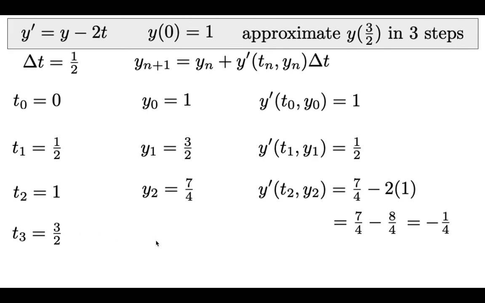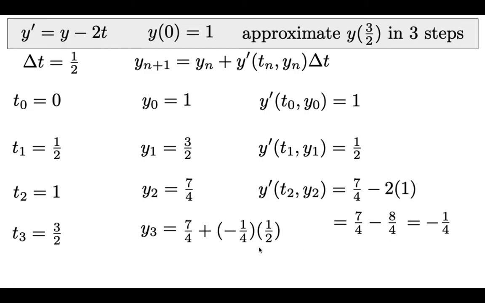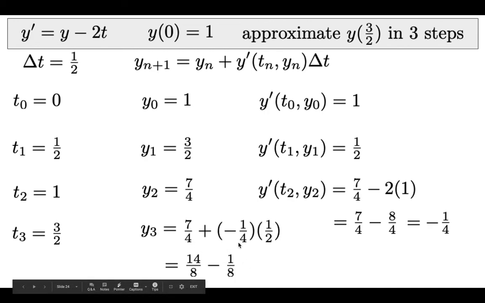And to calculate y3, we will take our previous point, 7/4, and add our slope at our previous point, -1/4, times our step size, 1/2. And so -1/4 times 1/2 is going to be -1/8. We will rewrite 7/4 as 14/8, multiplying the top and the bottom by 2 to give us a common denominator. And 14/8 minus 1/8 is 13/8.